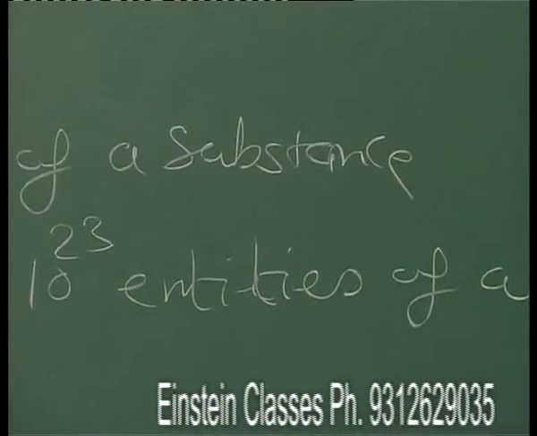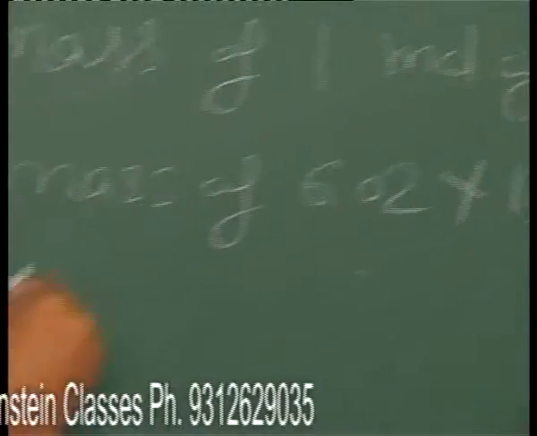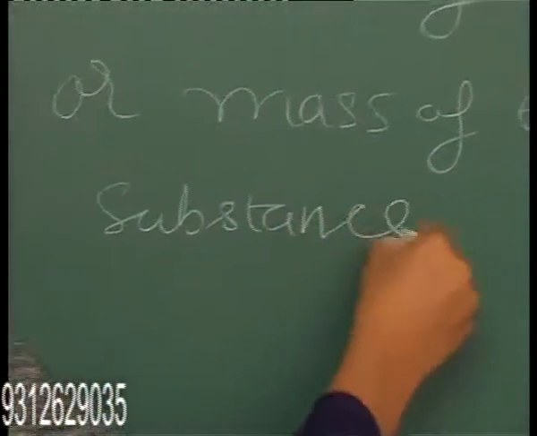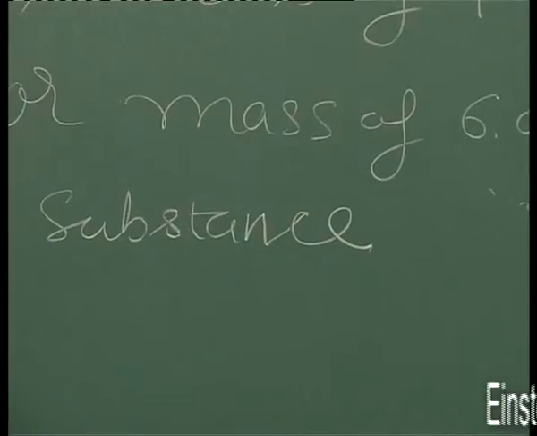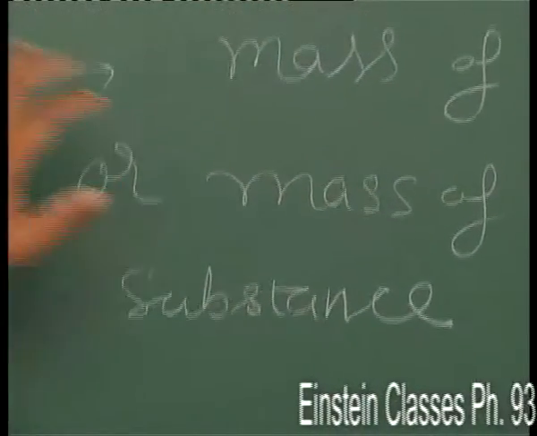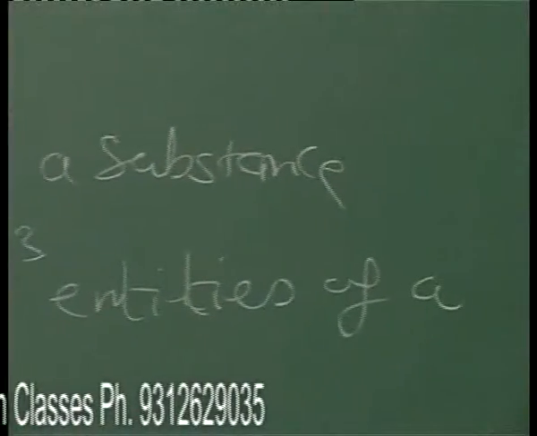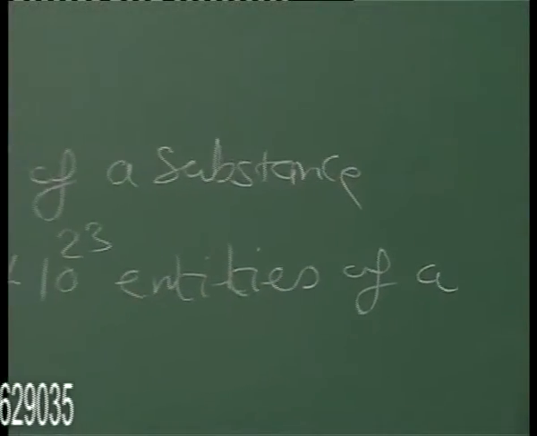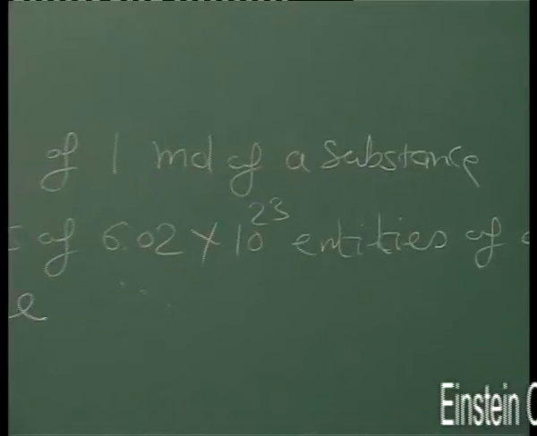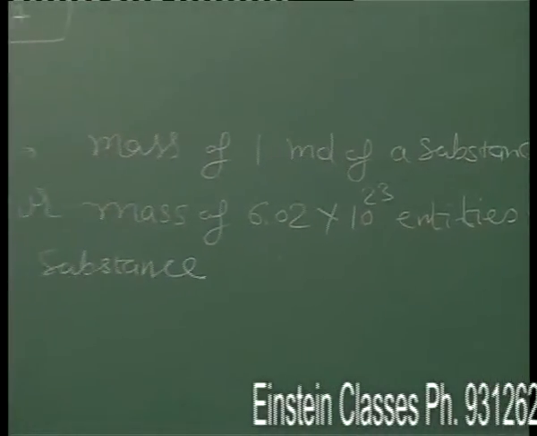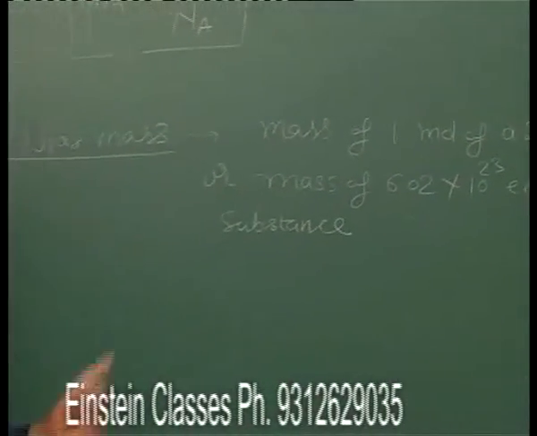We have already discussed the meaning of entities, like atoms, molecules or ions. So what is molar mass? It is the mass of 1 mole of a substance or the mass of 6.02 into 10 raised to power 23 atoms, molecules or ions of a substance.